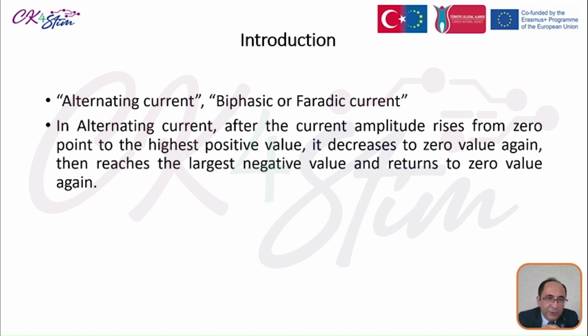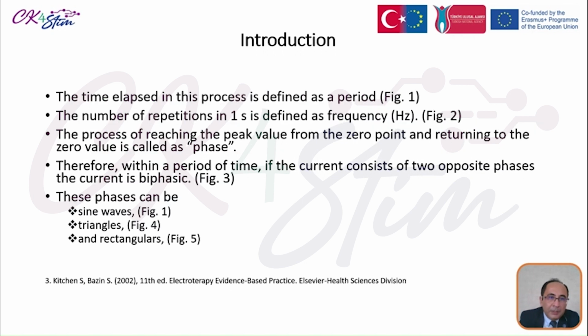Since the current has positive and negative highest values, such currents are also named in the literature as biphasic or Faradic currents. In alternating currents, there are some principal terms that we use, such as the period, the frequency, and the phase.